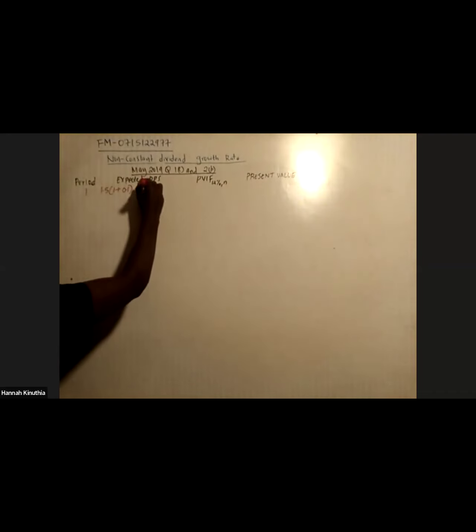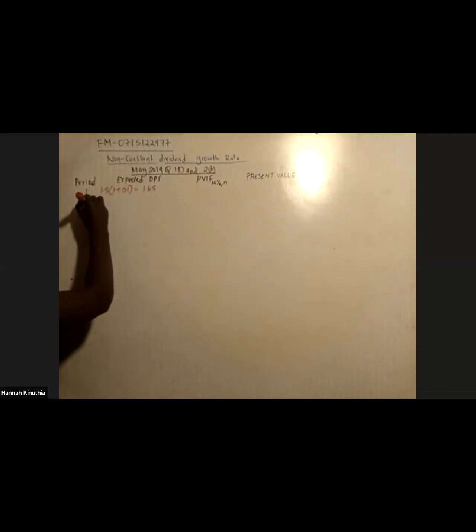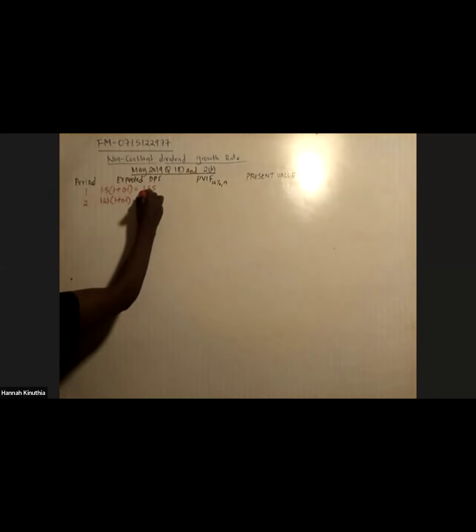Now they tell us the rate it will grow at is 10% for the next 3 years. So it will be 1.5 times 1 plus 0.1, which is 1.65. Year 2, 1.65 times 1 plus 0.1, which is 1.815.